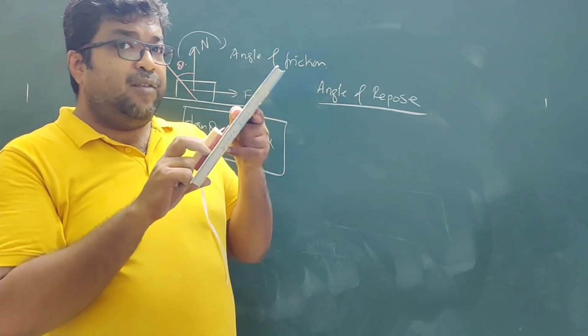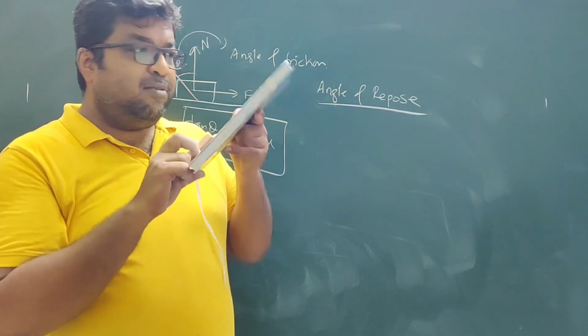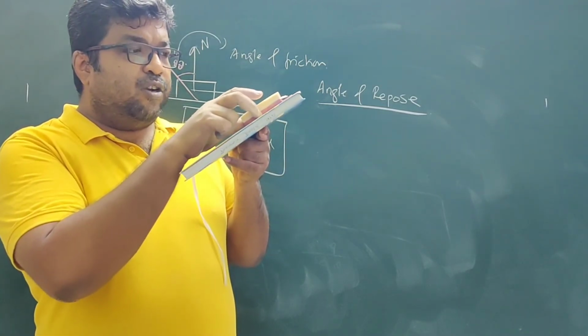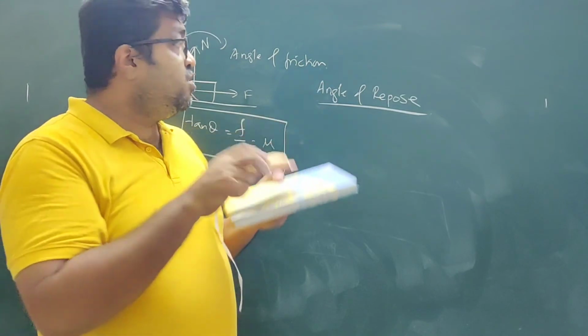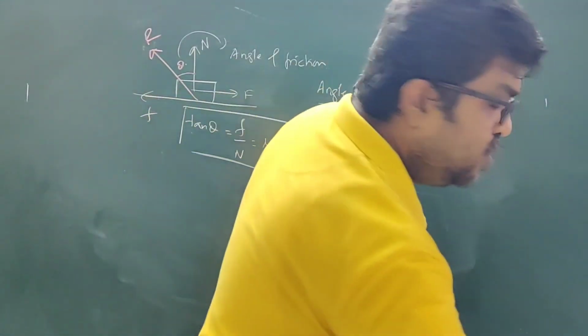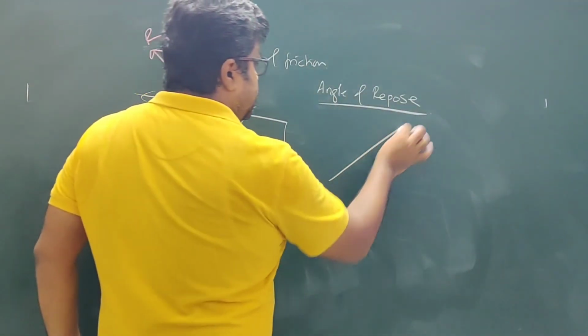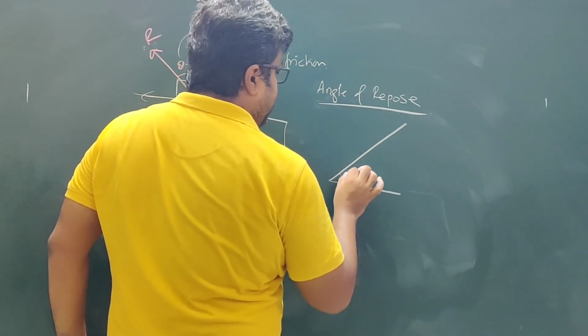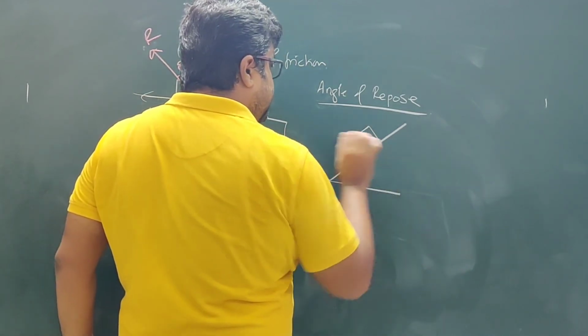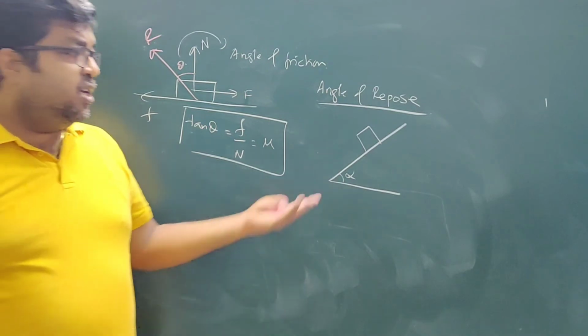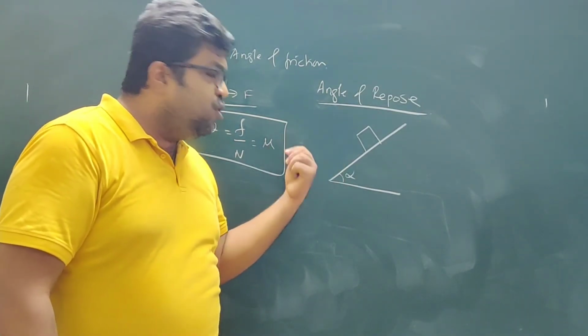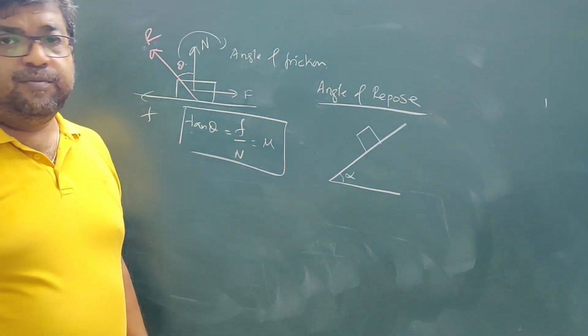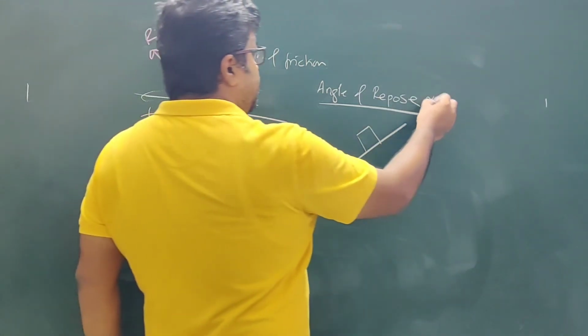The maximum angle of inclination for which this block remains stationary is called the angle of repose. Suppose this is alpha. Till this angle, this block is stationary. If the angle is increased beyond this limit, the block will come down. So that angle is called the angle of repose.